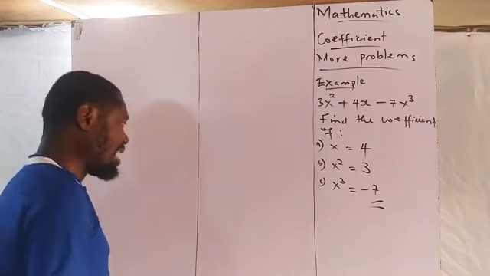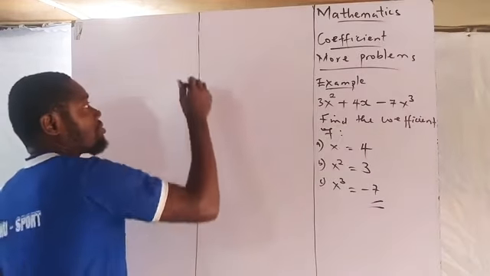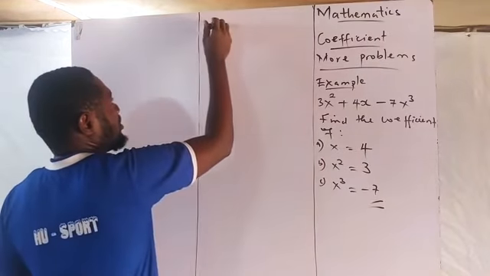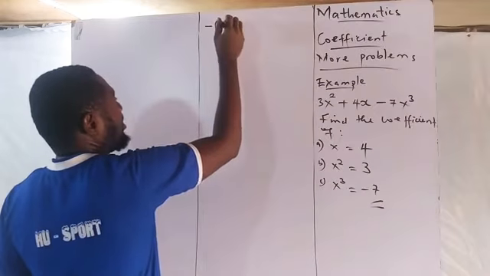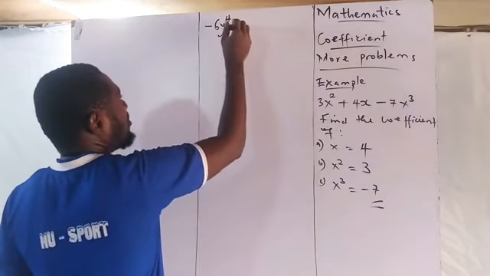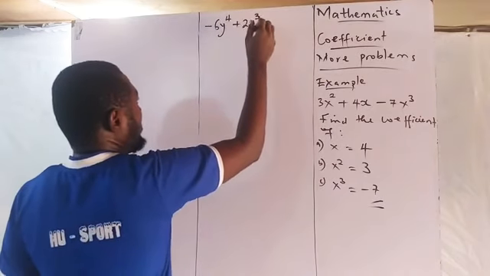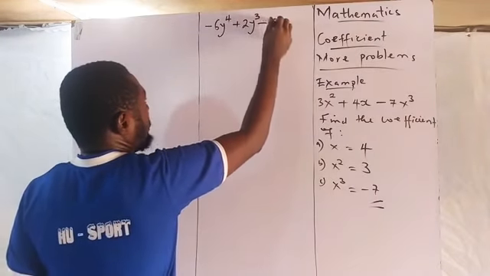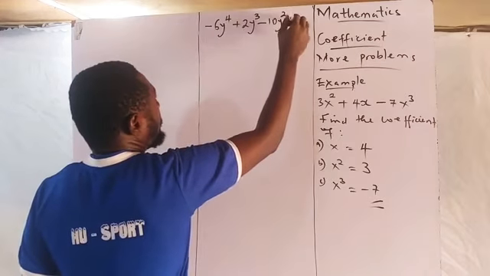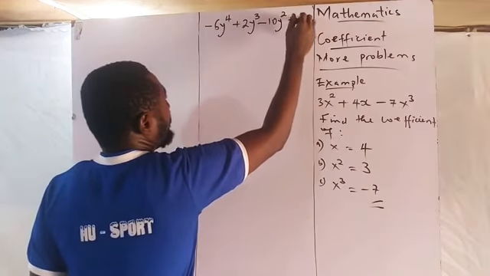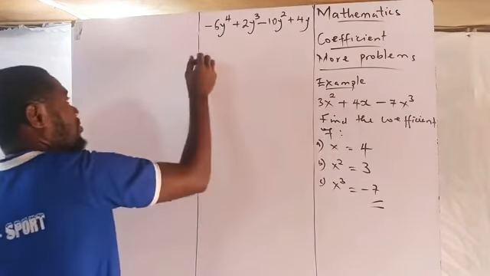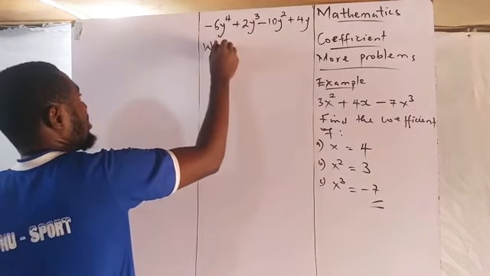Now look at another example. Minus 6y raised to power 4 plus 2y raised to power 3 minus 10y raised to power 2 plus 4y.